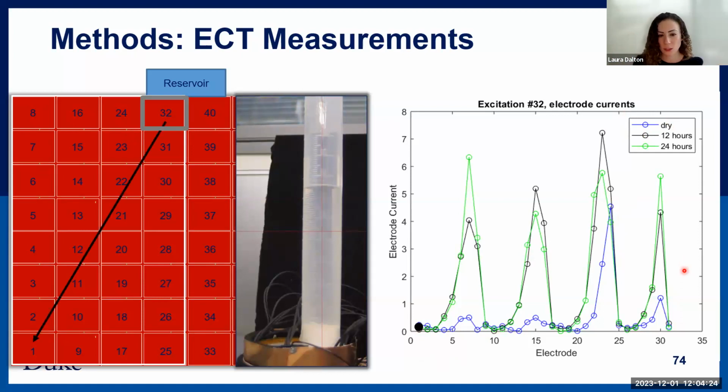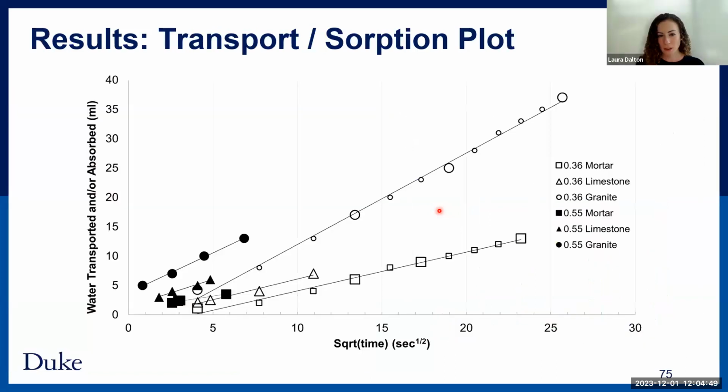In this case, I'm just using 32 for an example, and it'll do a measurement 1, 2, 3. And if you look on the right, you'll see this increase for 24 hours in your electric current, and that's indicating that you have water making it into your sample. So I just wanted to share that as a bit of a visual for how electrical tomography works.